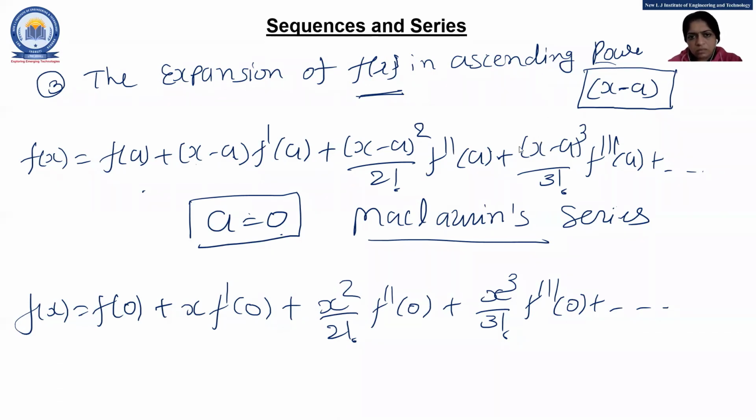See, if a is any constant number except 0, at that time we'll apply this formula, right? At that time we apply formula 3. Here, a is any constant except 0.